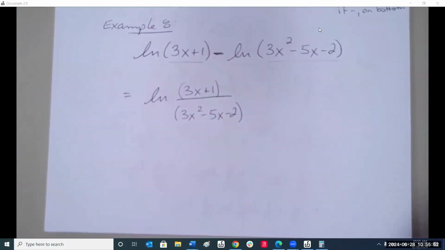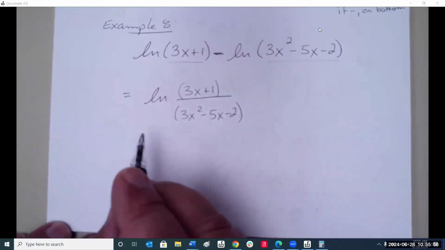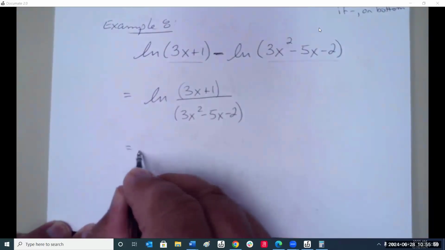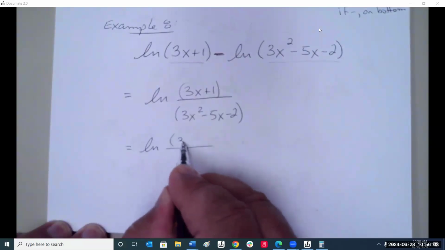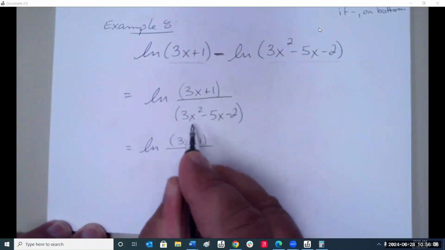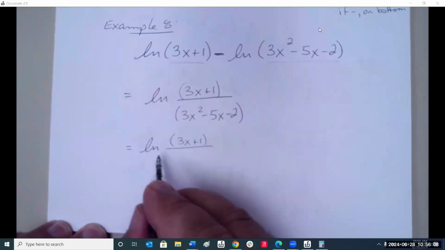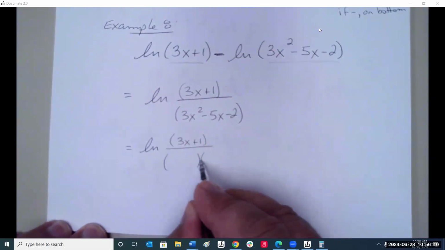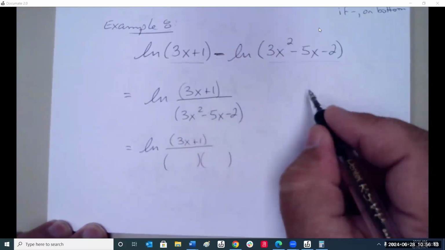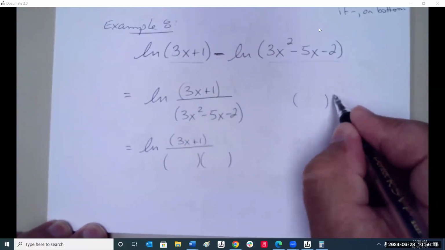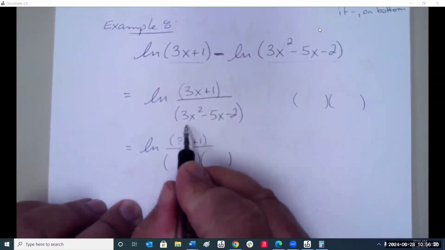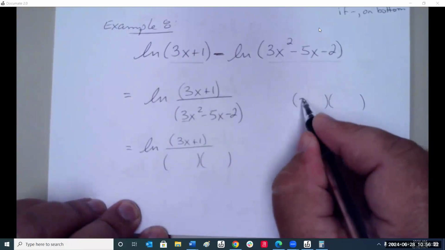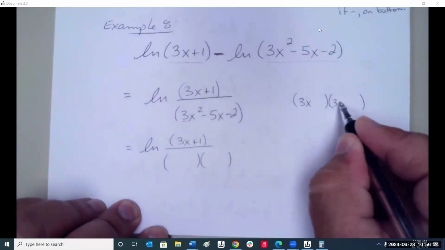Then what? Have we tried to factor the bottom yet? Because it's a quadratic equation. Let's see what it can equal. So the first term's a 3, so it's 3x, 3x.